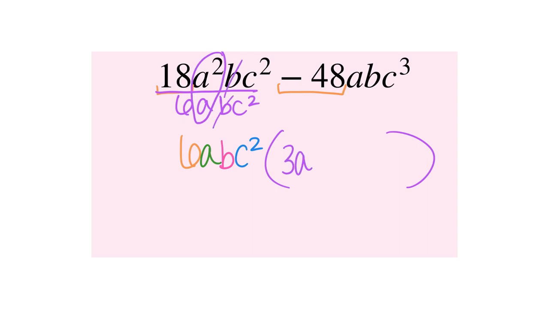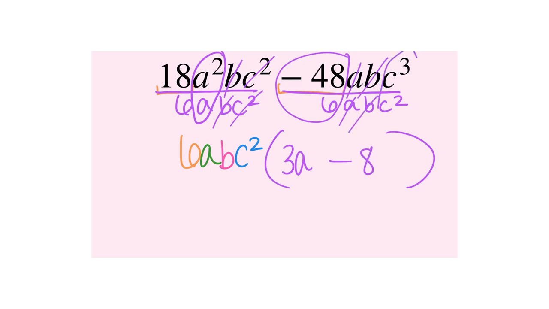The b's would cancel, and so would the c's. So that would be it for the first term. In the next term, if I divide by 6abc squared, negative 48 divided by 6 is negative 8. The a's would cancel, the b's would cancel, and I would have 1c left over. So we'll call that negative 8c. And that would be it.